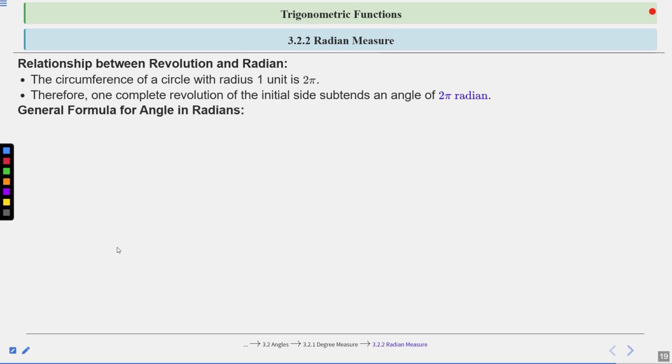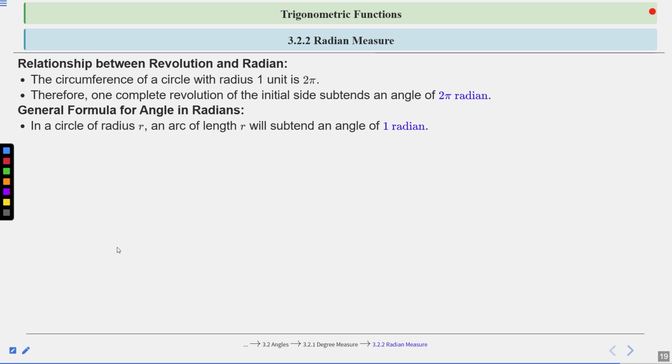Now, general formula for angle in radians. In a circle of radius r, an arc length of r will subtend an angle of 1 radian.